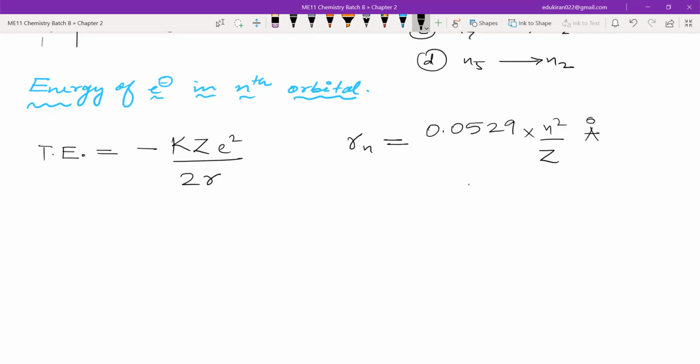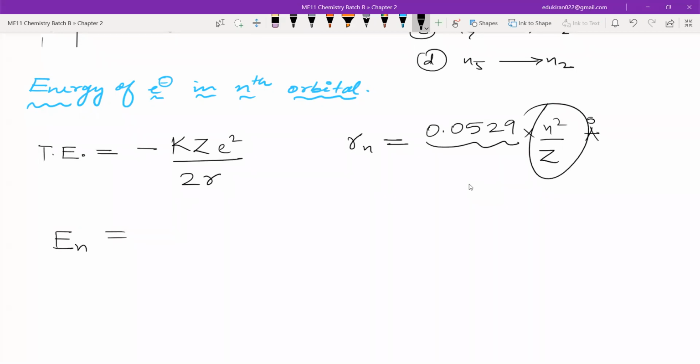Now, when we include these things here, the energy of the nth shell comes to be, as you can see, if I put r here, this is a constant, you don't have to worry about this. You just have to worry about these two things, because the orbit can change and the number of protons in a particular atom can change.